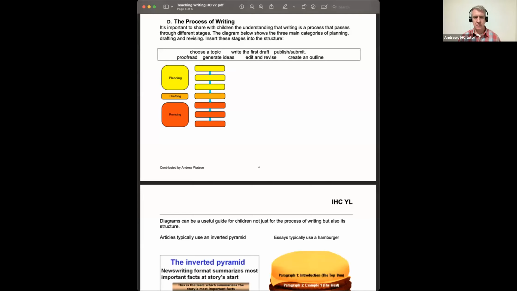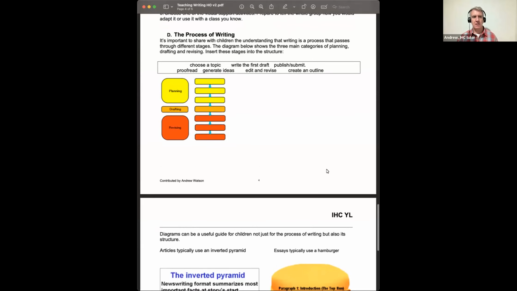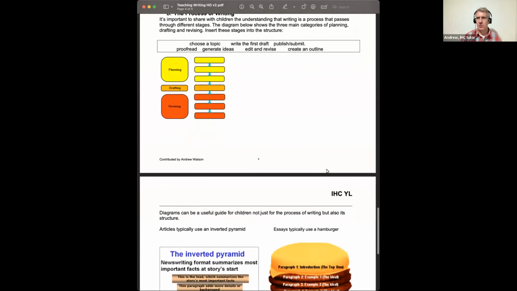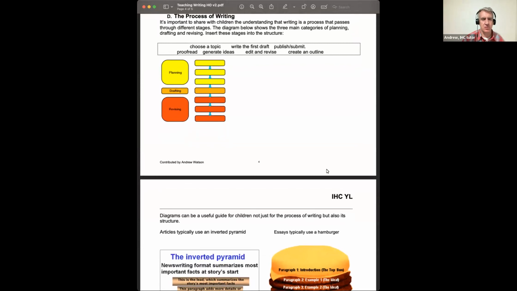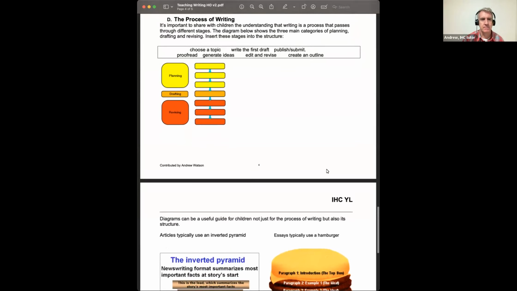And it says here on our worksheet, it's important to share with children the understanding that writing is a process that passes through different stages. The diagram below shows the main categories of planning, drafting, and revising.